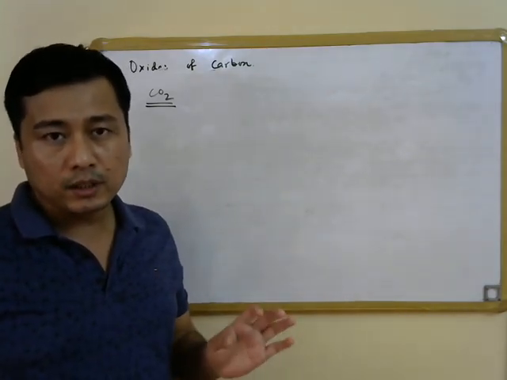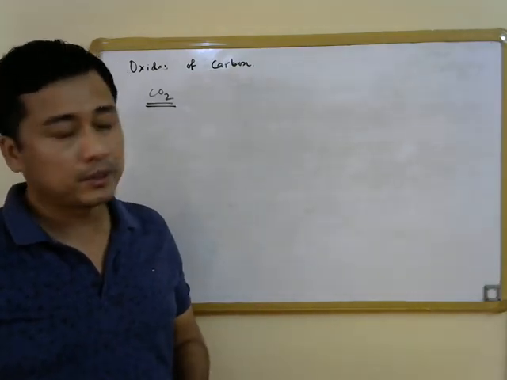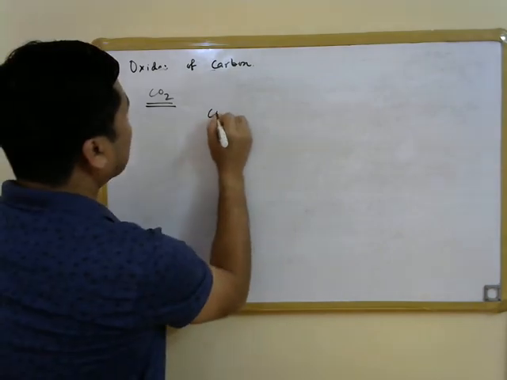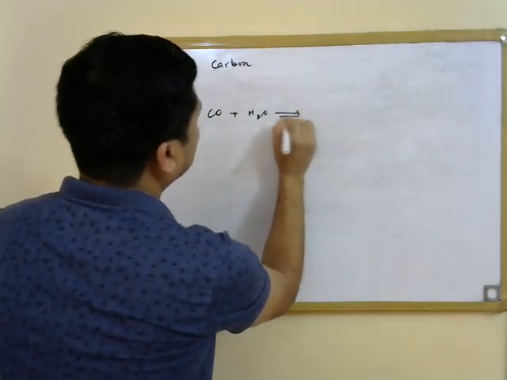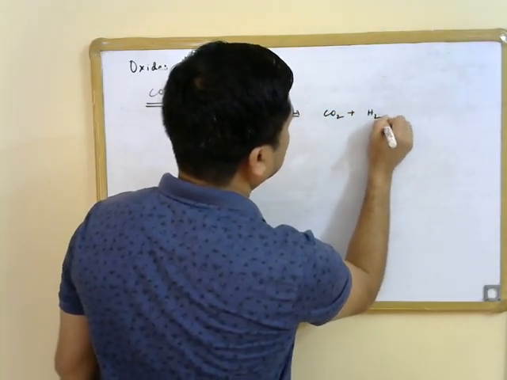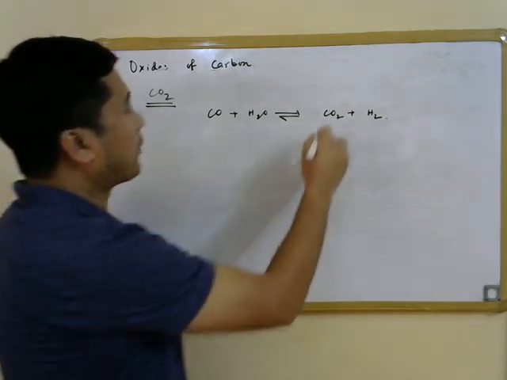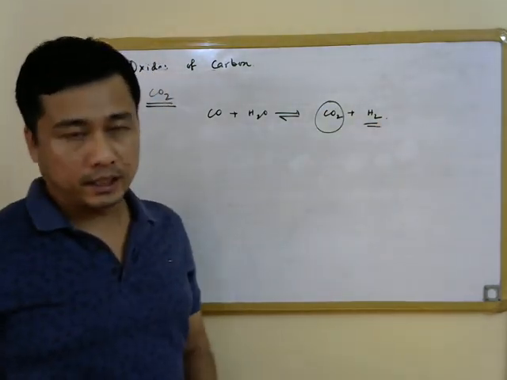The industrial method for preparation of hydrogen essentially involves treating carbon monoxide with water at high temperature and pressure, and essentially it gives us carbon dioxide and H2. So this is a byproduct formed during the production of H2 gas.